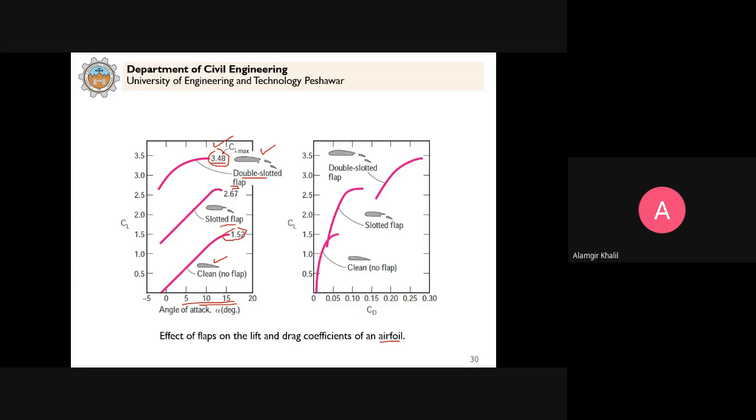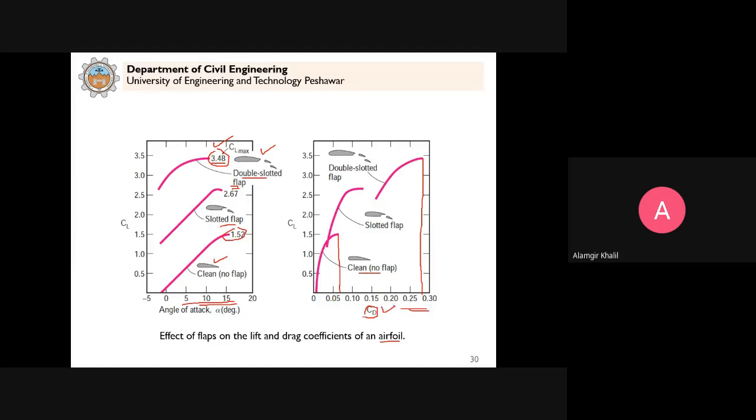But there is a negative side of this arrangement that you can see here. For a clean wing, no flaps, the drag coefficient is around, let's say, 0.06. But if we have the double slotted flaps, then you can see here that the drag coefficient has increased a lot.